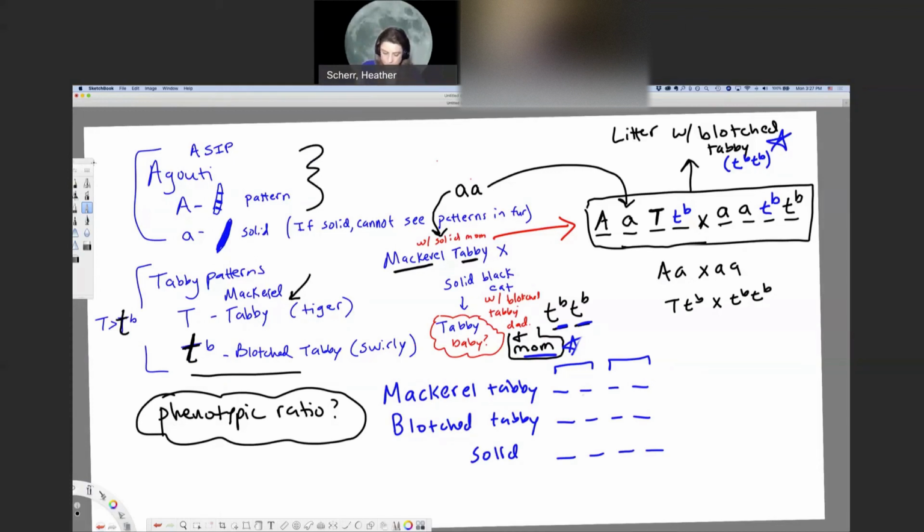So I got halves pretty much across the board for everything. So we're just going to multiply these ratios. Interesting here, you're right that it's the same type of cross 2 times. Because it's a test cross in the end, a heterozygote cross with a homozygous recessive. So in that case, you have both options half the time.